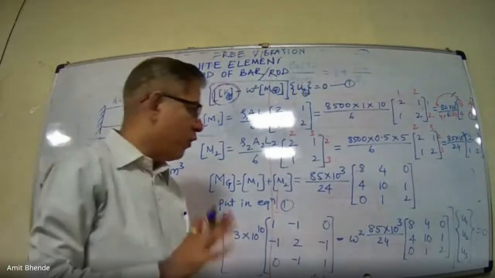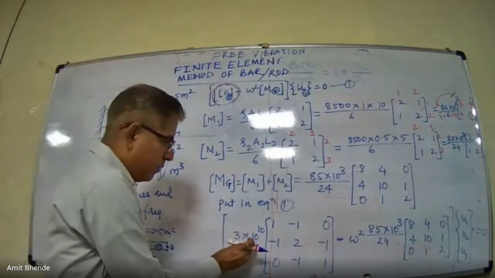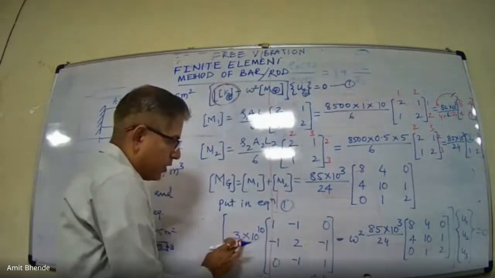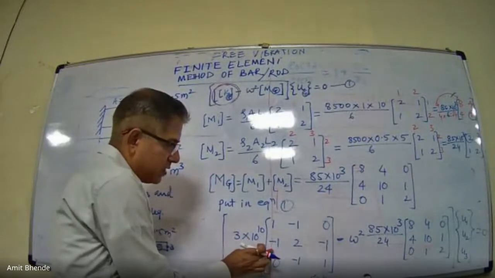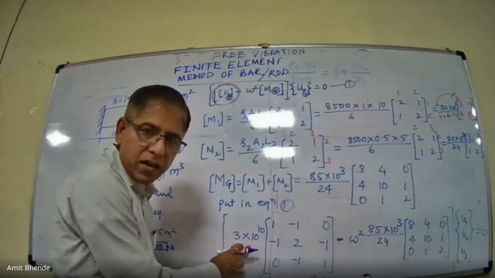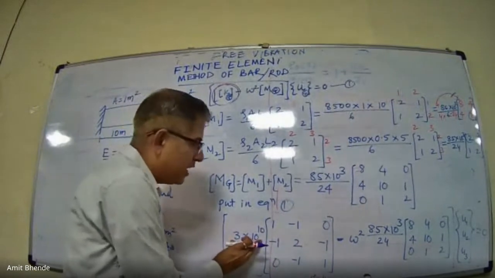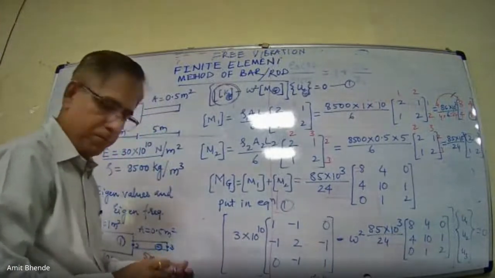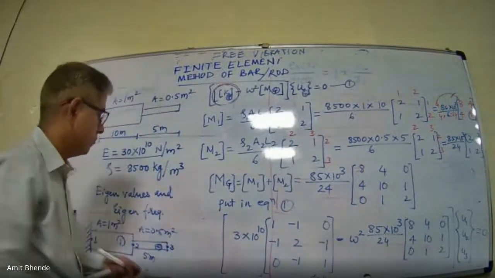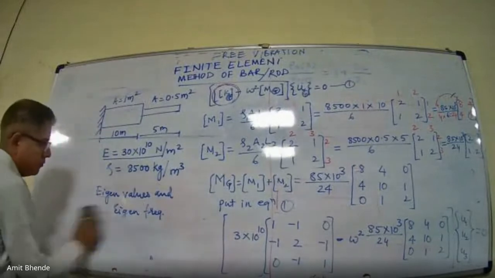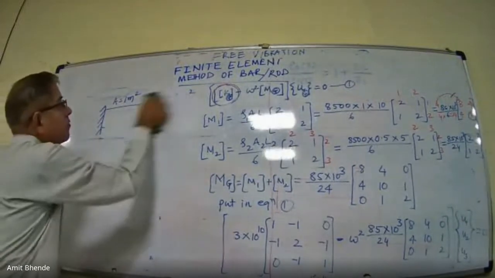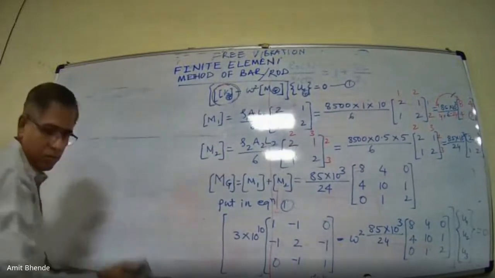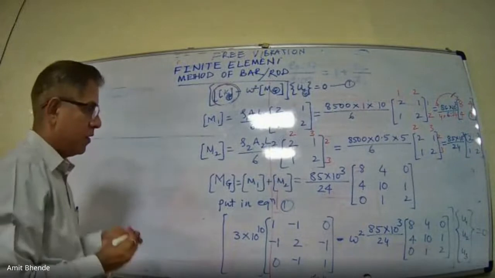Now we will divide the entire equation by 3 into 10 to the power 10, because for this matrix we need a multiplication factor of 1.